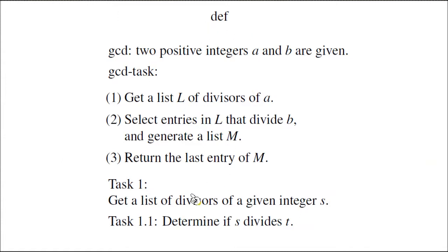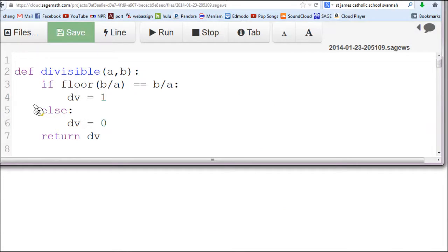So we'll see. First thing we're going to do is, given two numbers, determine whether one divides the other. So here's a command I wrote. We're given two numbers, A and B, just random numbers. A and B are given, and we're going to decide whether A divides B. The idea is looking at the integer part.